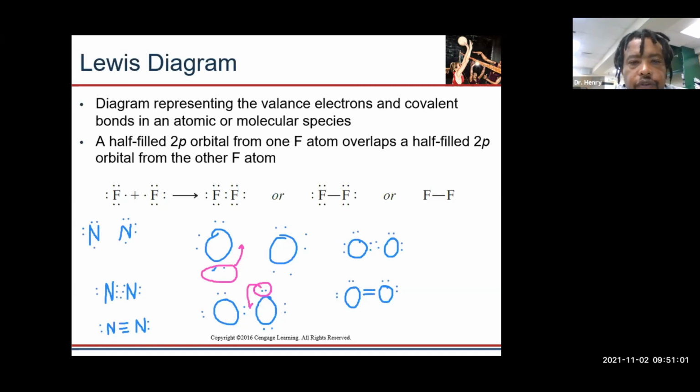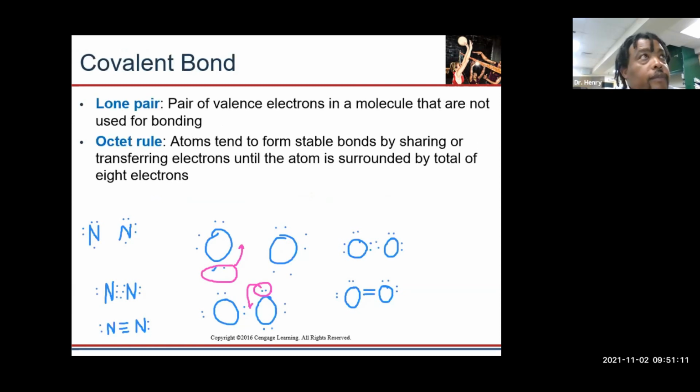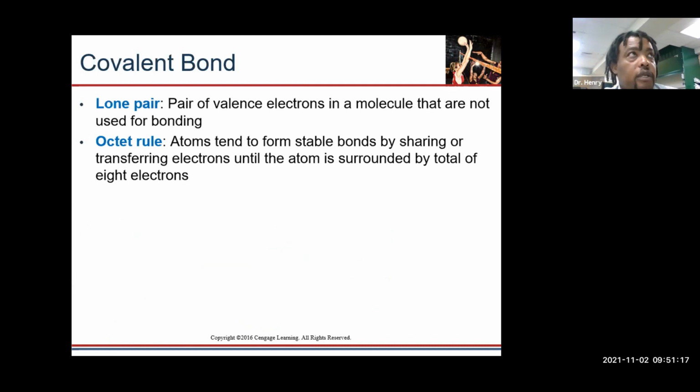Okay, so do you guys see that? Yeah. Okay, good. So things that we want to keep in mind, and terminology. When we talked about that triple bond that's formed, we have these 2 electrons.